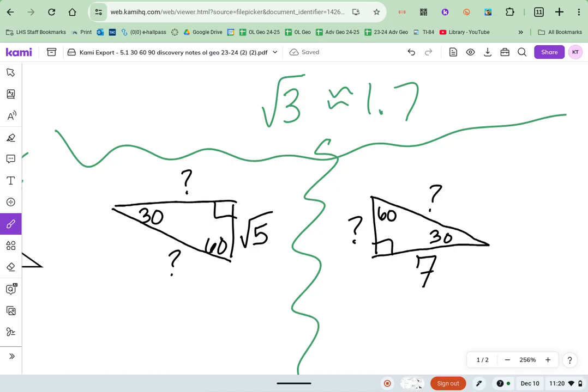You'll have 2 times 7 root 3. That's for that one. And then this one is looking for x. That one's just 7 root 3 over 3, and that one stays 7.